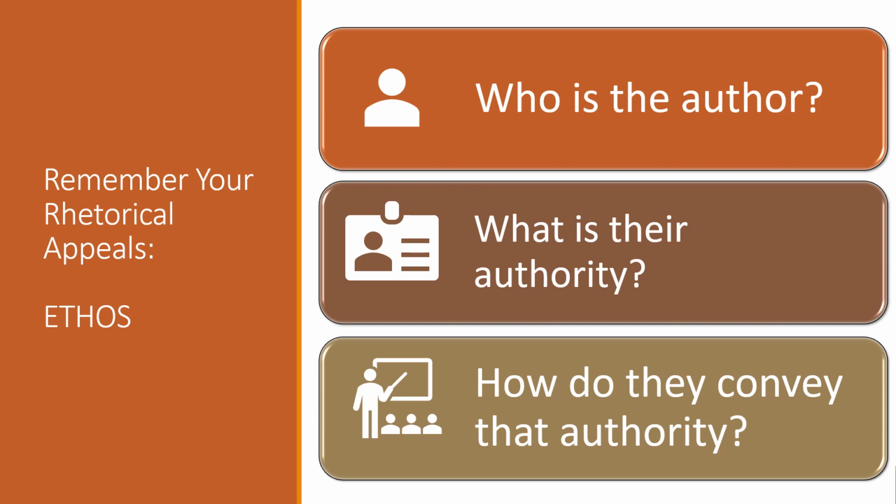But also how well do they convey that authority through their words? So we know the author from, if it says by so-and-so, hopefully it's somebody that we've heard of before. If not, we may have to do a little bit of digging to find out who they are. But we also want to see how well that authority is coming through their words. That is also part of ethos.